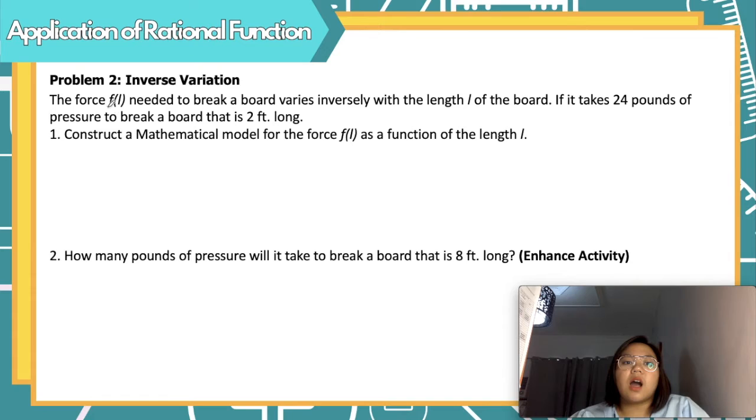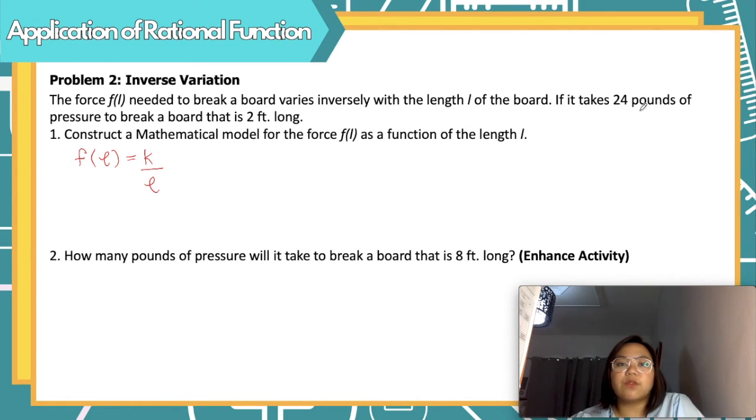Again, we just have to convert this sentence to an equation. When you say the force F of L varies inversely with the length L, it means F of L is equal to some value of K over L. To construct the mathematical model, we have to solve for the value of K. To solve for the value of K, again, we substitute the given.